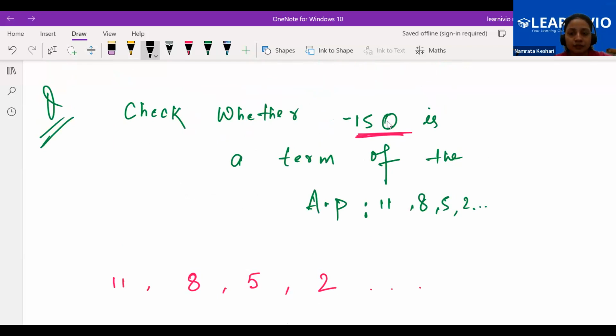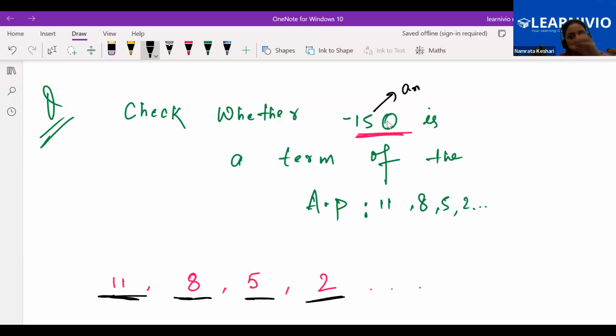-150. Yeah. We will be taking, let's say, the nth term, the value sitting at the nth place, nth number, rather I would say, nth number is minus 150. You can see the first term is 11, the second term is 8, the third term is 5, the fourth term is 2.